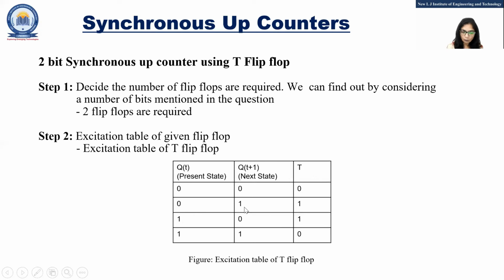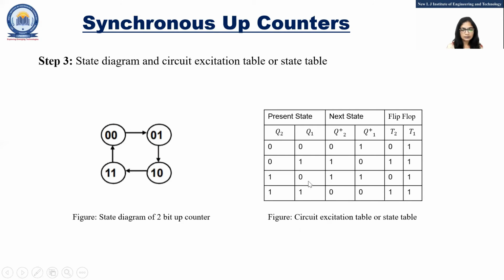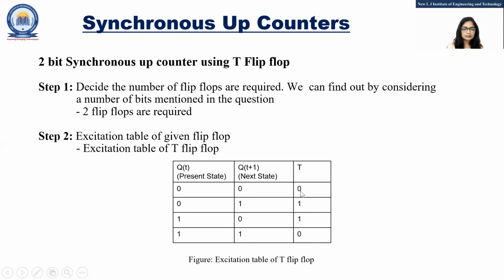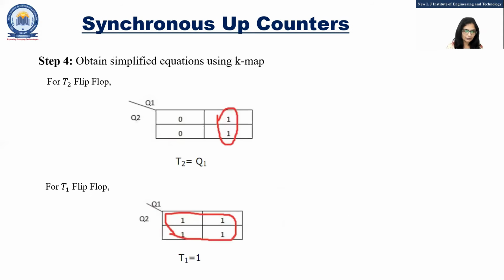So 0 1 gives 1. Here you can see 0 1, we'll write here 1. So to complete this table, we have to refer to this state diagram as well as the excitation table of the given flip-flop. Okay, fine. Now what we'll do?